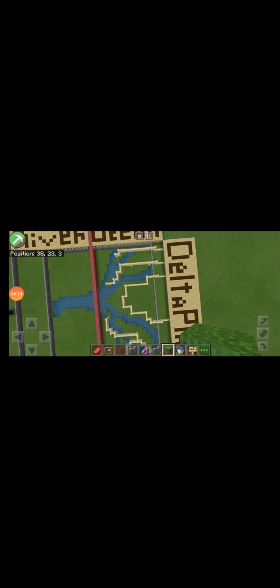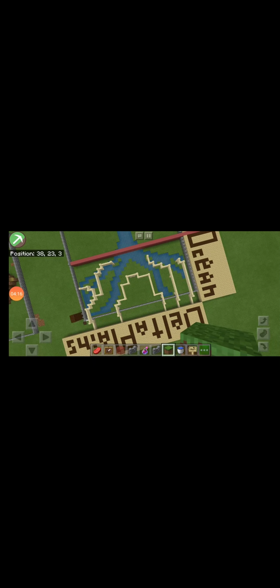And these are Deltaic Plains, which are at the mouth of the river. Now, Deltaic Plains are the plains that are formed at the mouth of the river.